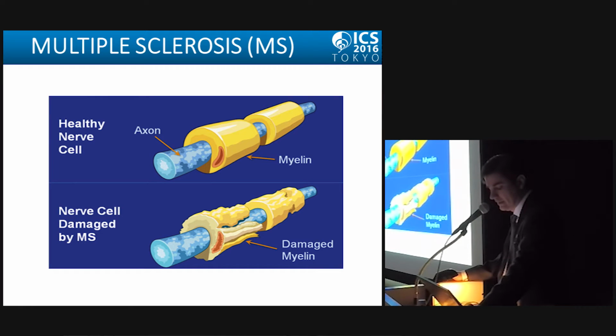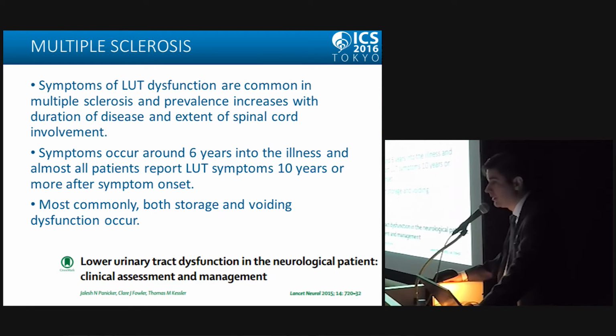In the end, MS. We know that symptoms of urinary tract dysfunction in patients with multiple sclerosis, and their prevalence, increase with the duration of the disease and the extent of the spinal cord involvement. Symptoms occur around 6 years into the illness, and almost all patients report urinary tract symptoms 10 years or more after disease onset, as has been published before by Jalish.